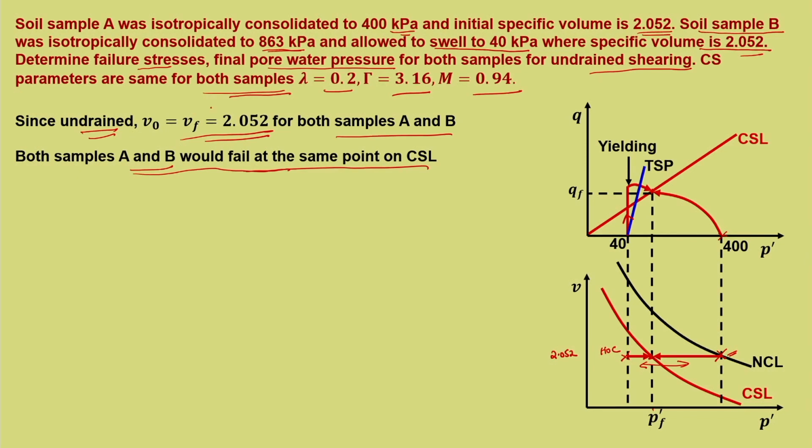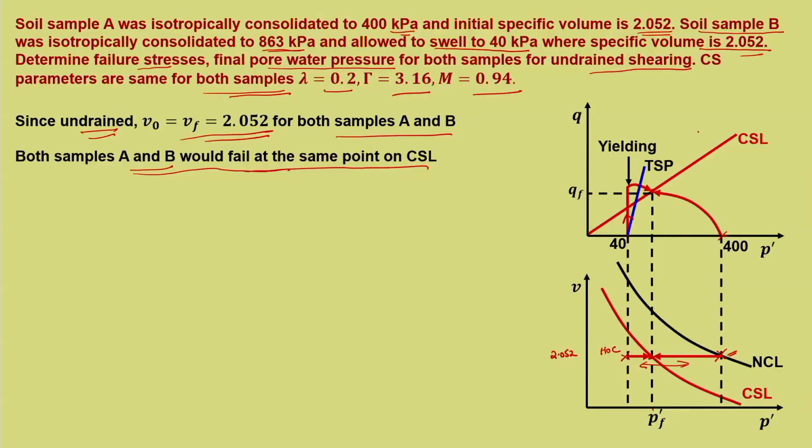Now, we are asked to find out the final pore water pressure as well, and for that, any stress condition on the TSP minus the homologous condition on the ESP will give us the excess pore water pressure, even at failure or at the yield point or wherever we need.